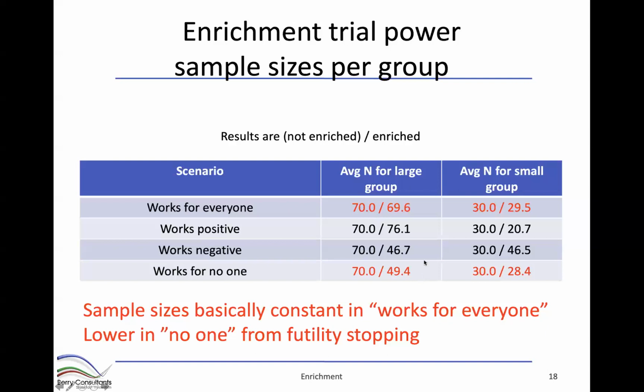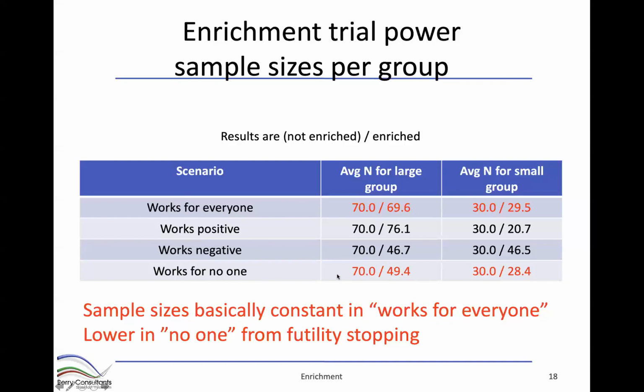So you can see the numbers are slightly smaller, 70 versus 69.6, 30 versus 29.5. Occasionally, we will make a mistake and spuriously drop things for futility, but not very often. And the times that we do drop groups tend to be situations where they're not going to be successful anyway in this trial.